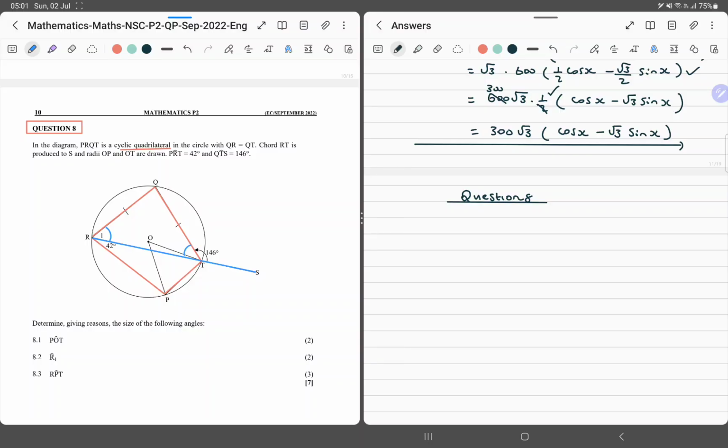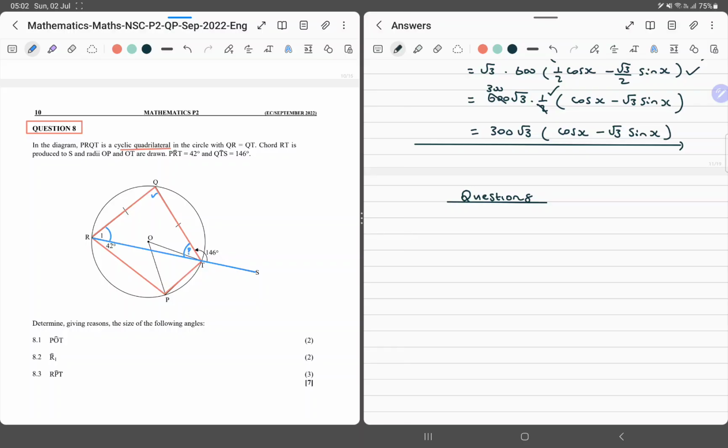Yebo. The reason is these are base angles of an isosceles triangle, or nowadays you call it angles opposite equal sides. Okay, and then we simply know that if we've got 146 on the outside, these are angles on a straight line, so we can actually find this angle. If we find that angle, we have that angle R1. And using those two angles, we can find this angle right here.